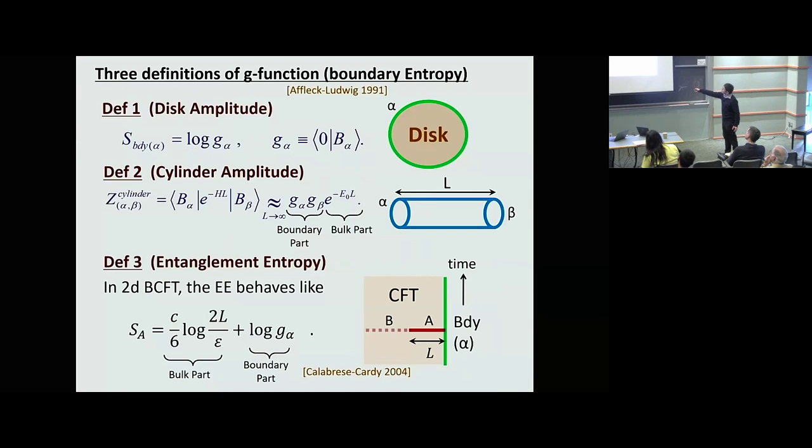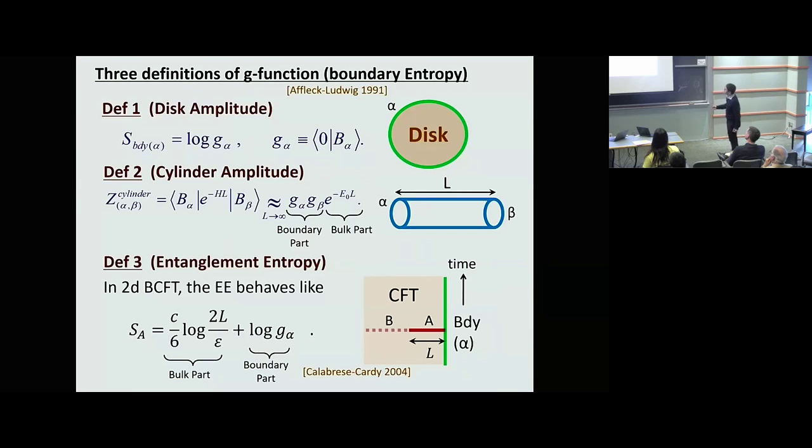So this g can also be read off. This is quite convenient because it is already normalized. The boundary state has a nice normalization because of open-closed duality. For the first one, in general this is divergent, so we have to regulate, but for this one the normalization is very clear. These two are obviously equivalent.